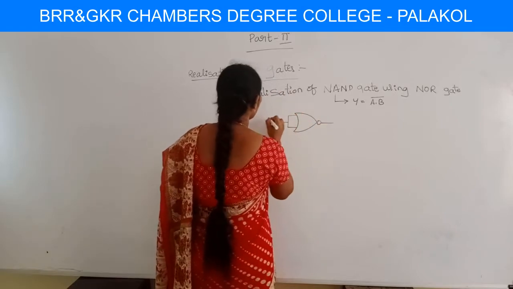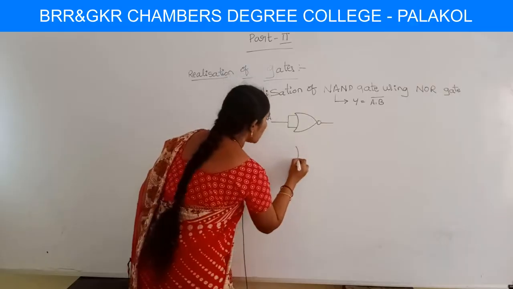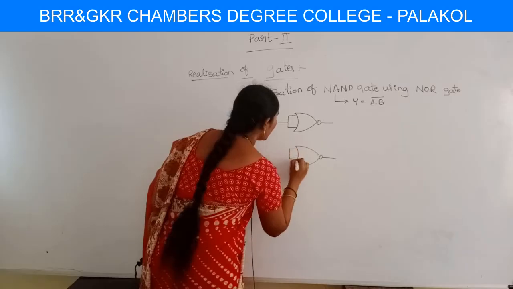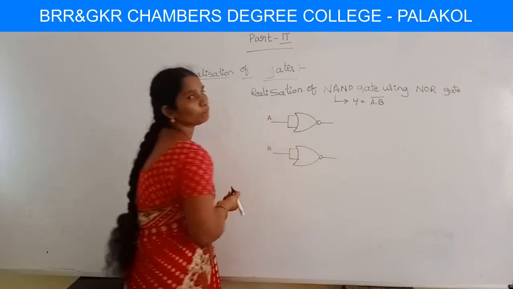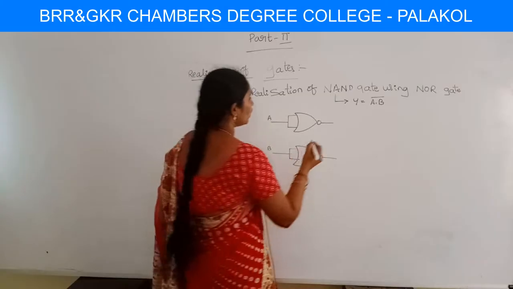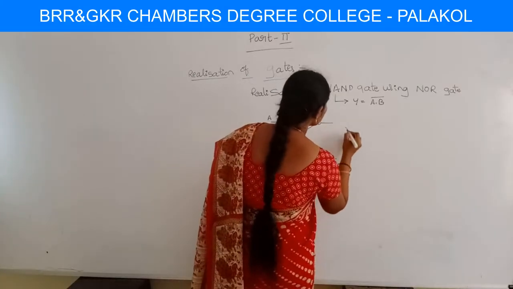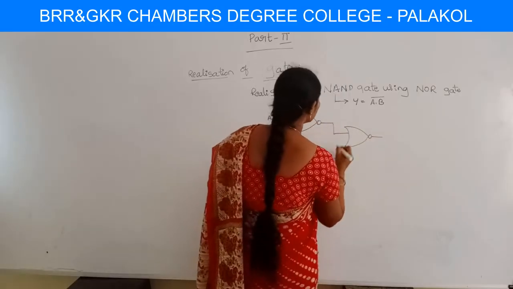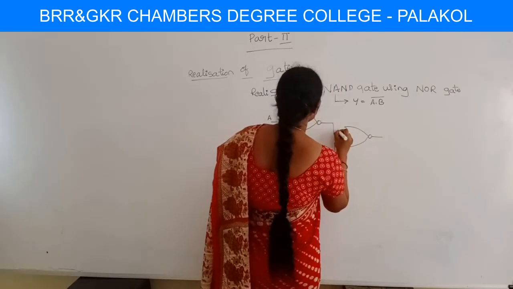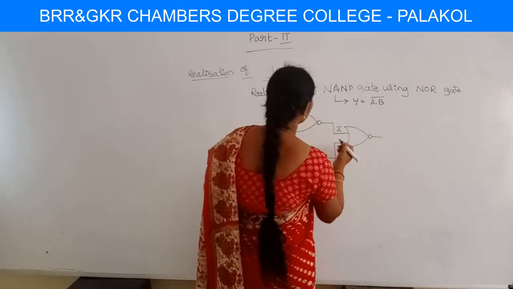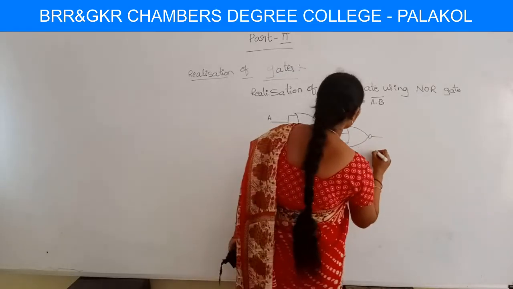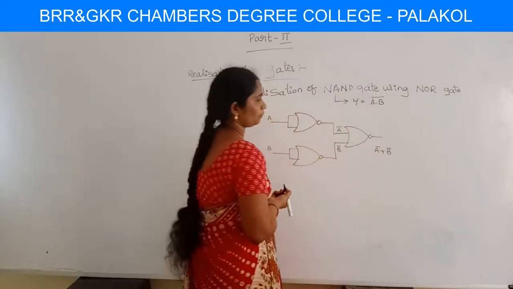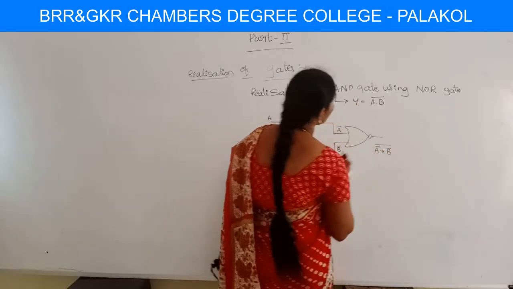We apply input A here and also consider another NOR gate and apply input B here. Okay, so now also apply another NOR gate here. So here this is A bar and this is B bar. So finally the output is A bar plus B bar, whole bar.